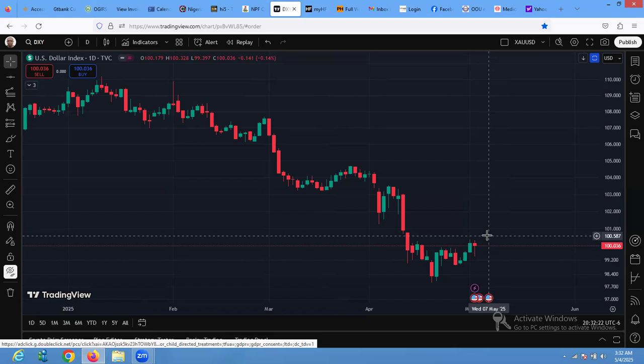The rejection candle works 70% of the time for you to know that you don't want to continue to buy from this area because of this rejection. In as much as we believe the price is not going down immediately, it's still going to go up a bit before falling.